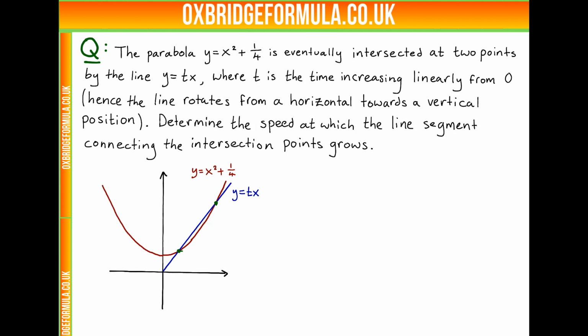Now we need to determine the speed at which the line segment connecting these points grows. What might be a good way to do this? Let's start by giving a name to this length, L. Then, what is the speed at which this line grows? This would be the derivative of L with respect to time. So, how can we go about finding this? We need to know L in terms of time.